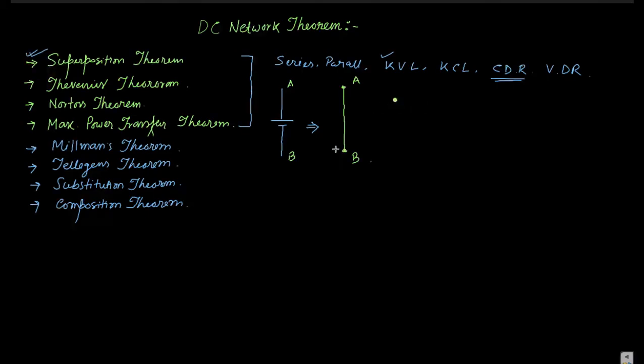Likewise, if you have a current source like this, all are independent sources, and it is A and B, then you must omit this current source by making the terminal open.